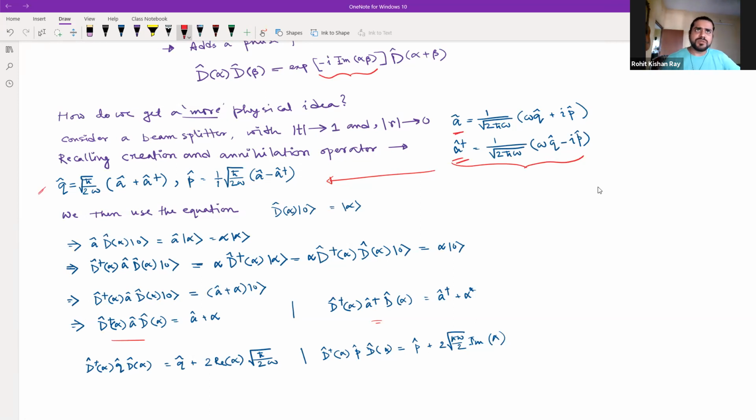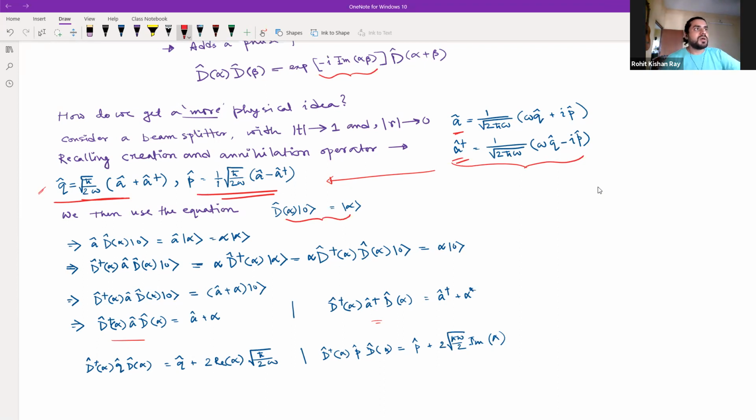Once we do that, we can solve for Q and P and we get these two equations. This is pretty straightforward. Now, let us come back to the definition of the displacement operator and see what we get.